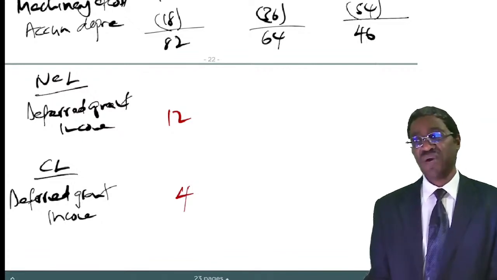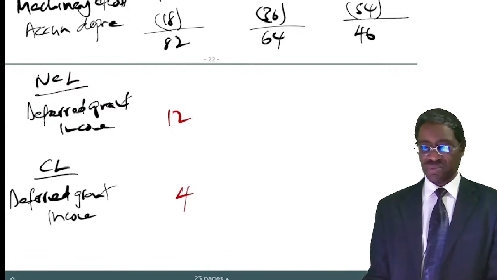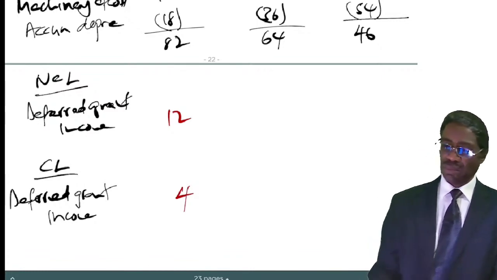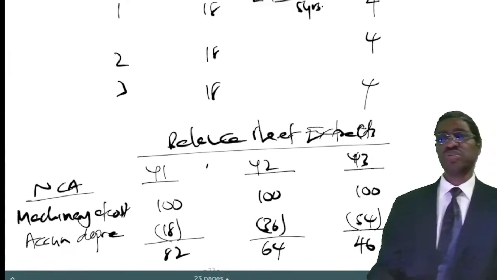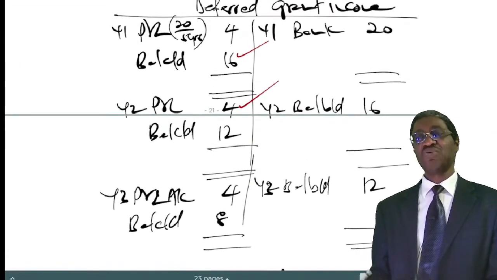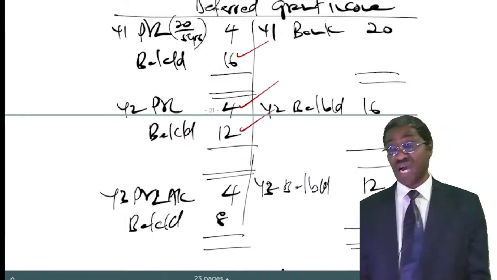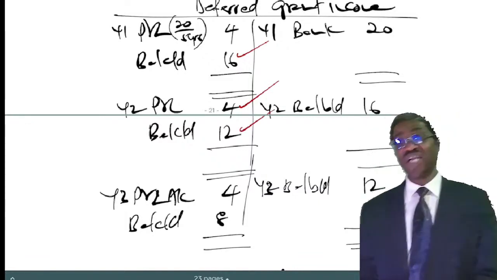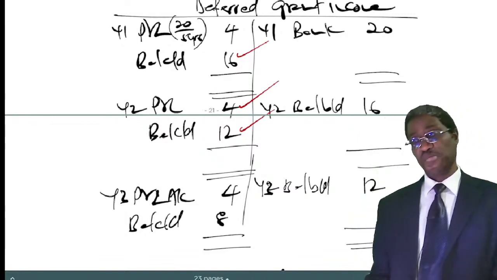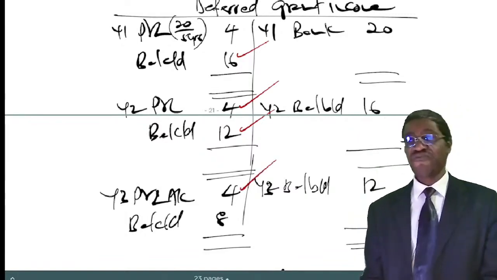Yes. Now we go to the second year. In year 2, we are carrying down how much? We are carrying down 12. That's what we are carrying down, a deferred income of 12. In the next 1 year, I should recognize how much? 4.